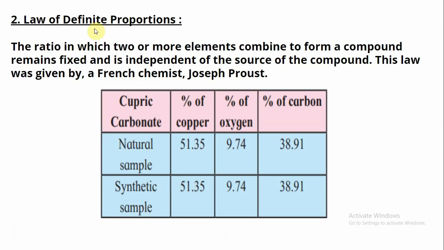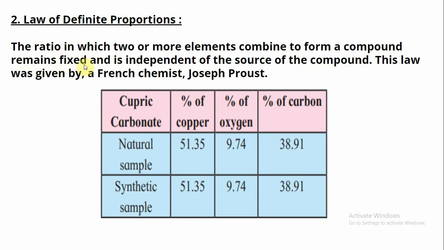The second law is the law of definite proportions. Students, here we are seeing definite proportion. You have already studied proportion in maths. This is very important. The ratio in which two or more elements combine to form a compound remains fixed.